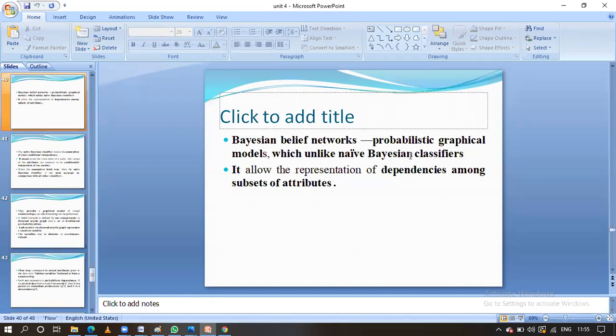Mainly, the dependencies between the attributes are represented in graphical designs in the Bayesian belief network.